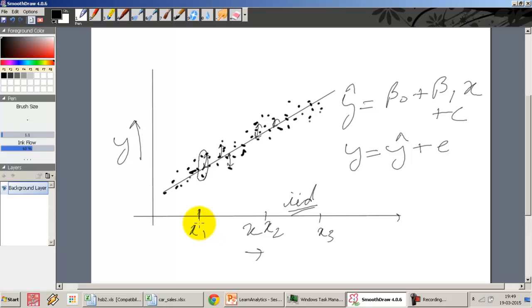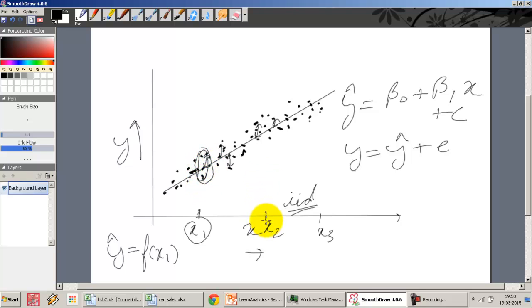So if I look at the errors around y, y hat is a function of x1. Given x1, I get a y hat, but the actual value of y is ranging from the negative dot here till the positive dot over here. So I get a range of values for y for a given x centered around the line.